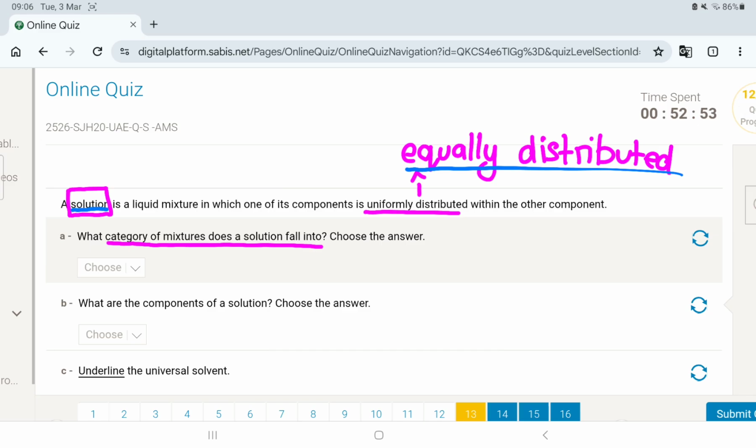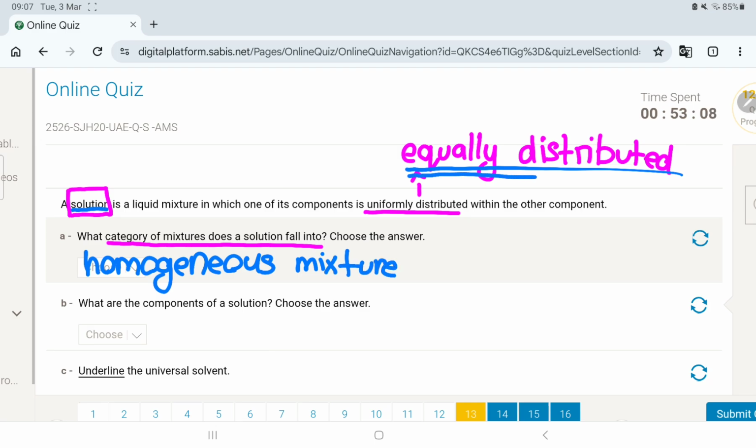No. So what type of mixture is it? It's a homogeneous mixture. Why? What two hints did they give us? It's equally distributed and it's a solution. So this is how we know it's a homogeneous mixture.